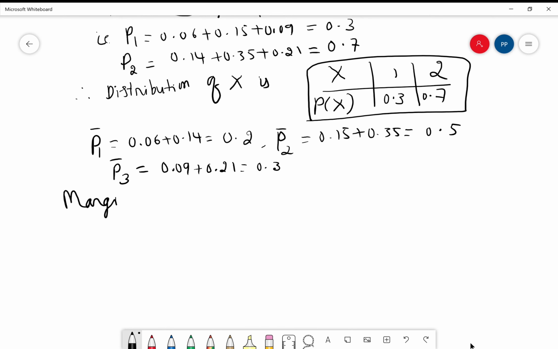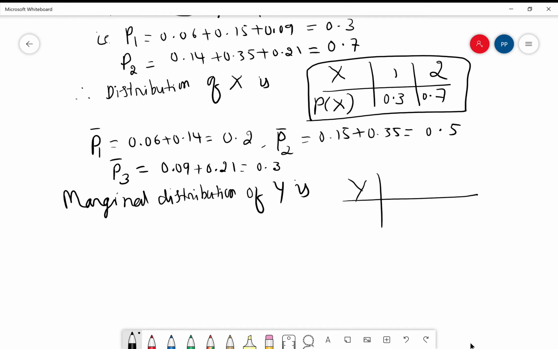Therefore, the marginal distribution of y is, so y values and corresponding probabilities. What are the values of y? Values of y are 2, 3, 4.